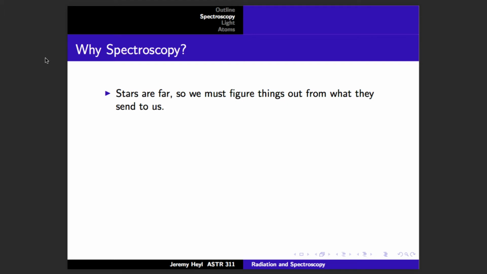So why do we use light? Basically, stars do a great job of making light. Look at the sun. It's a 4 times 10 to the 26 watt light bulb.